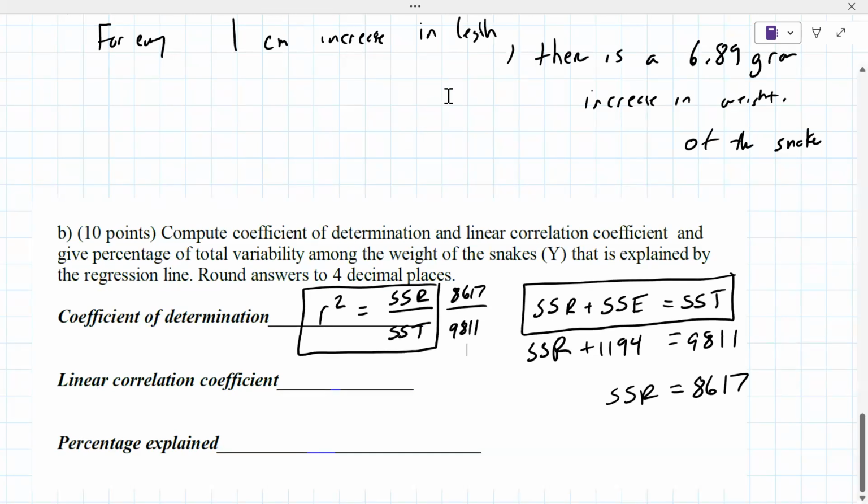You're just going to divide those values. And it is a decimal. So you might go out to like, it says there are 4 decimal places.